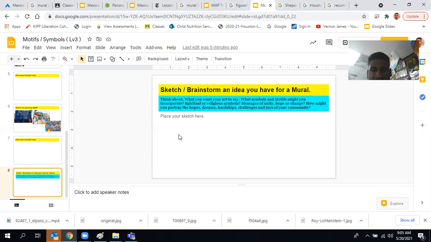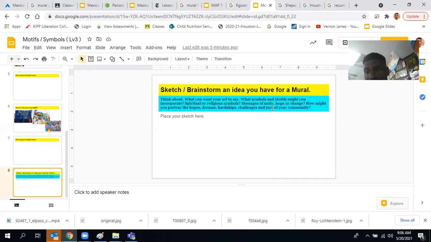So what objects might you incorporate so people can understand the message you're trying to convey? Would you want your symbols to be spiritual or religious? Do you want a message of unity, hope, change? How might you portray the hope, dreams, the hardships, the challenges, and the joys of your community?